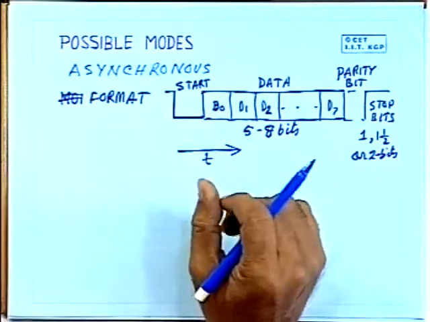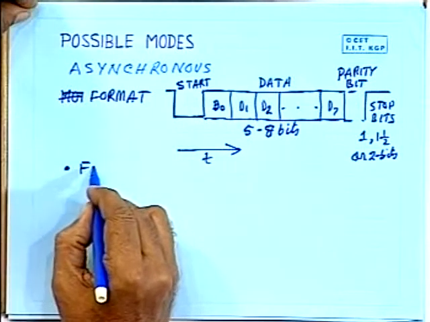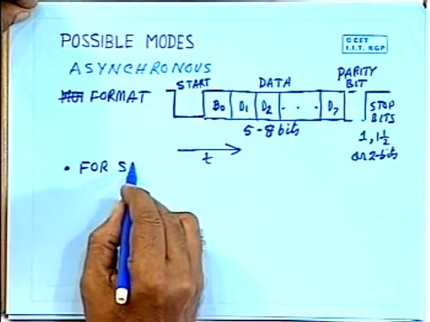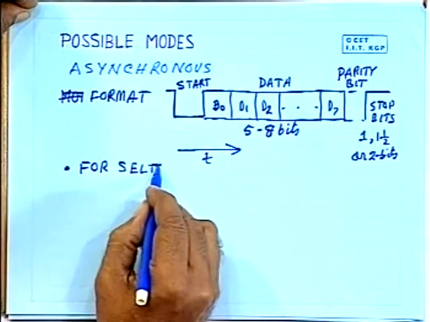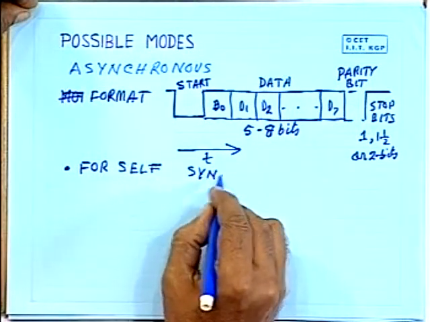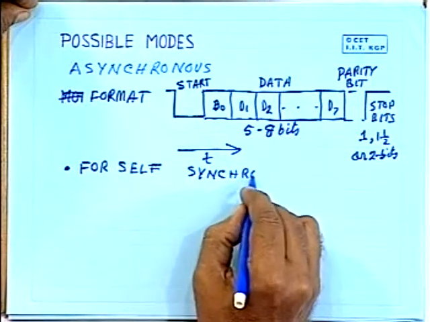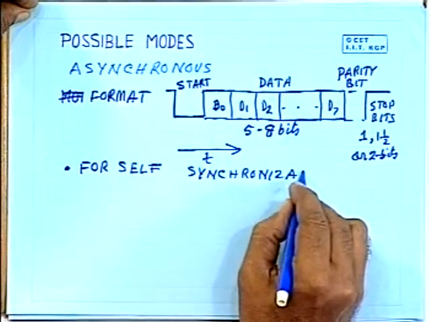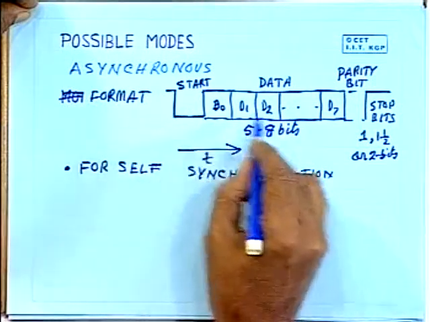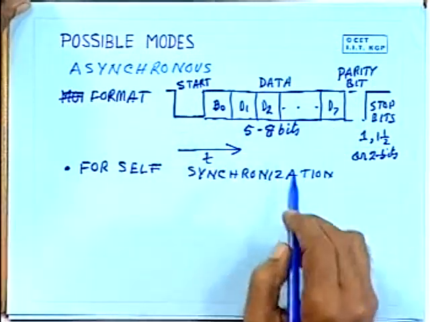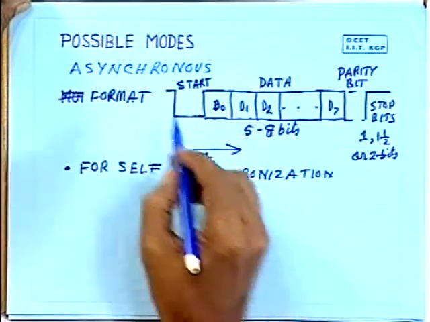You may be asking why this kind of framing is done. This framing is done for self-synchronization of each of these characters. How is it happening?